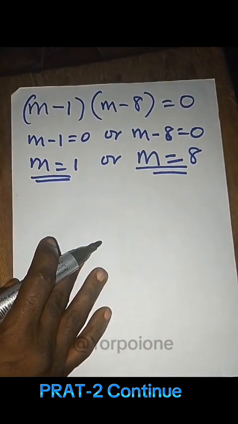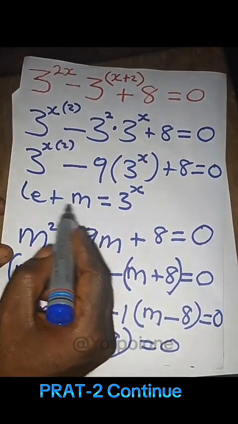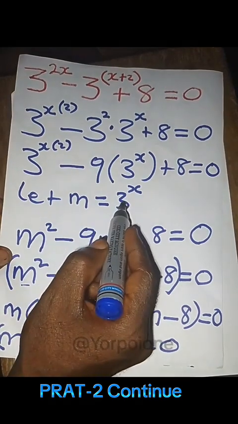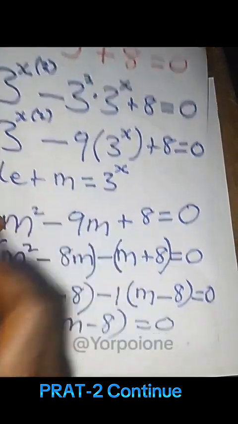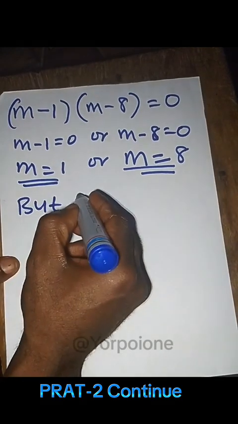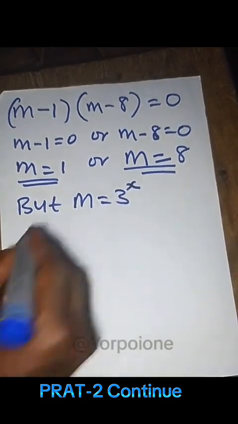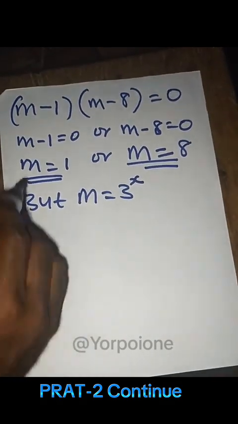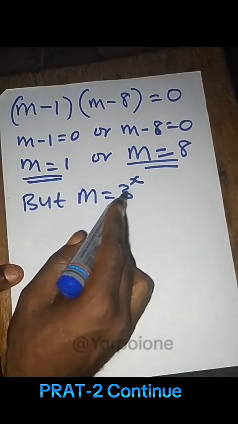But initially we know that the value for m here is equal to what? 3 to the power x. Is that okay? m here is equal to 3 to the power x. So we are going to write this value for m here to be 3 to the power x.